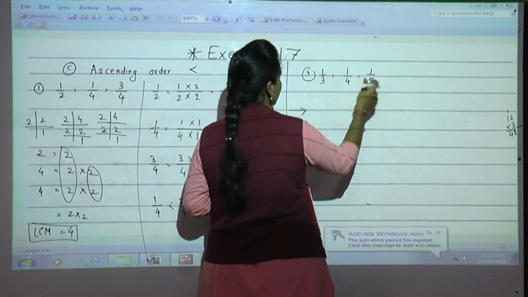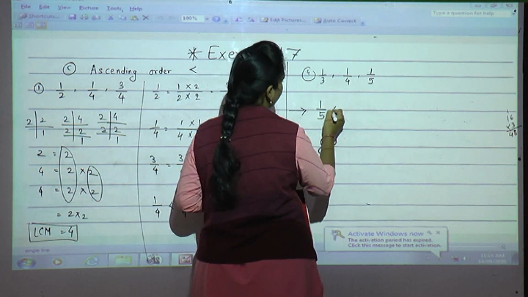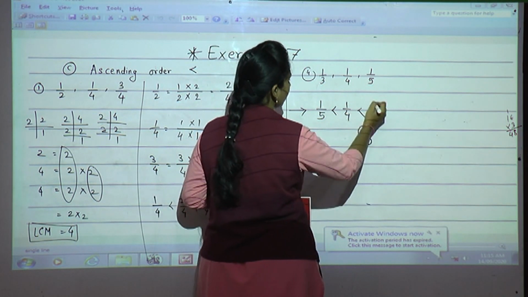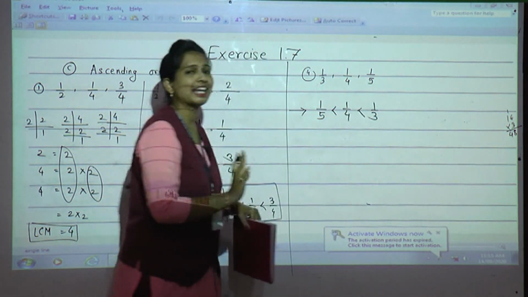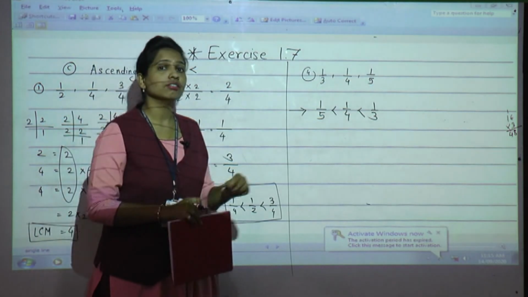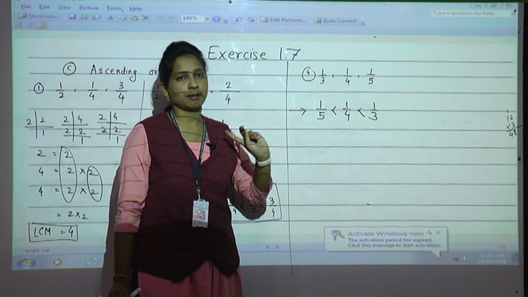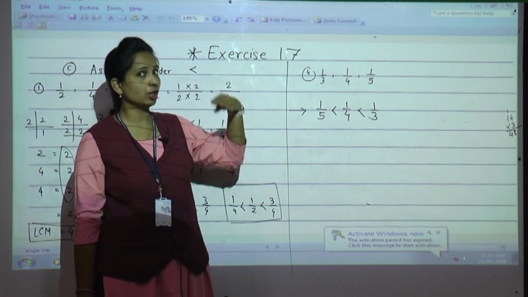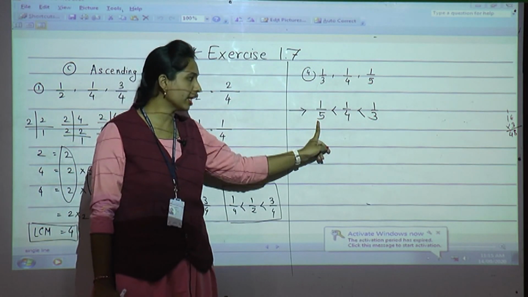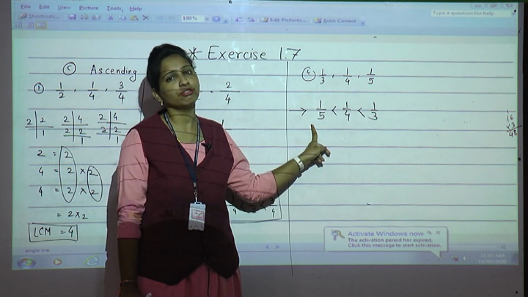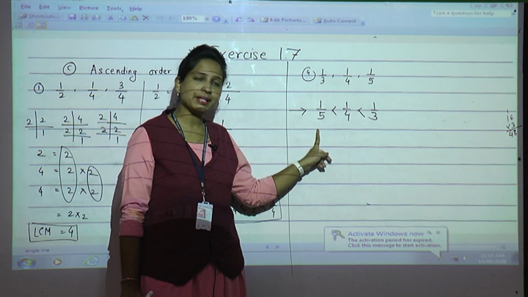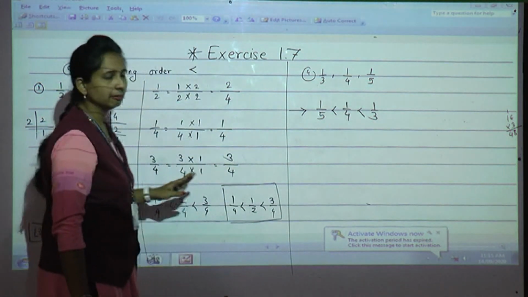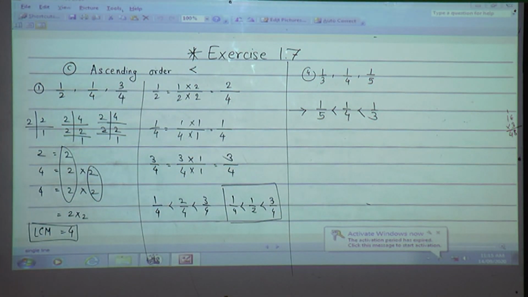So you can see 1 upon 5 is smaller than 1 upon 4, which is smaller than 1 upon 3. Directly you can do this when the numerators are the same. Ascending means smaller to greater, so we took the greater denominator first. Greater in the denominator means smaller in the fraction. Clear? See how easy.